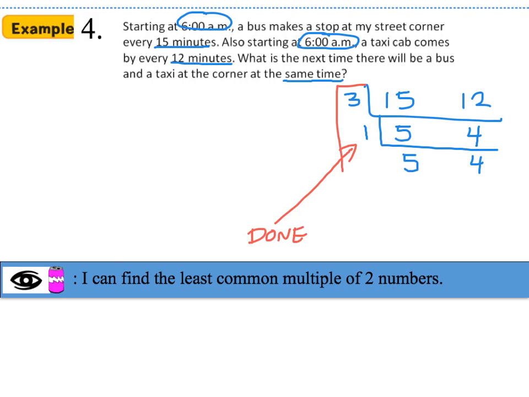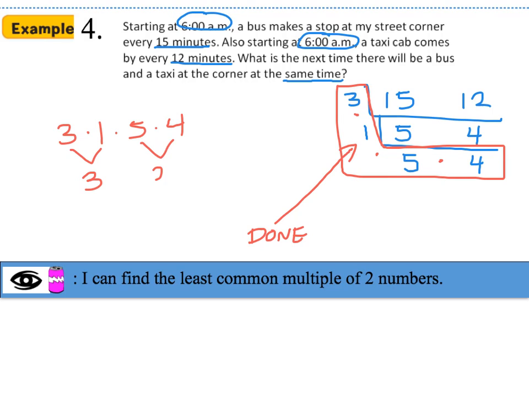Let's make an L using all the numbers on the outside of the ladder and multiply all the numbers inside of it. So let's go ahead and take 3 times 1 times 5 times 4. And let's multiply that. So 3 times 1 is 3. 5 times 4 is 20. And if I multiply 3 times 20, I get 60.